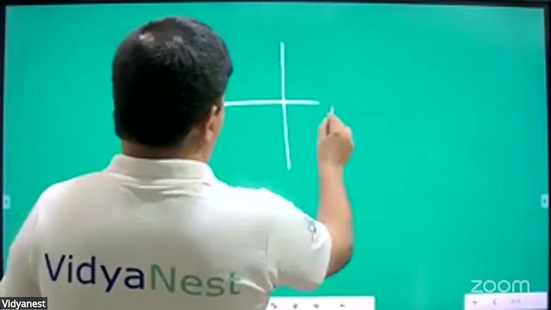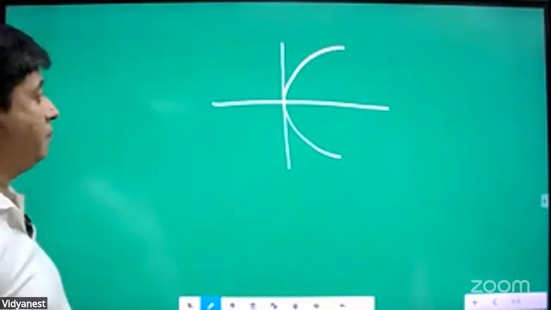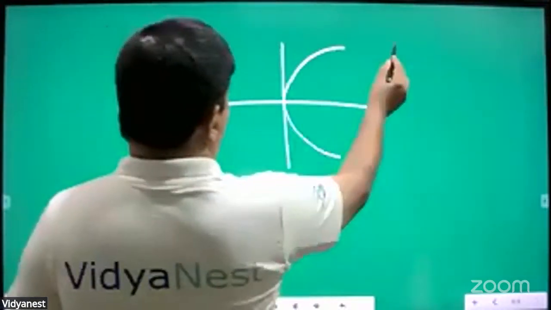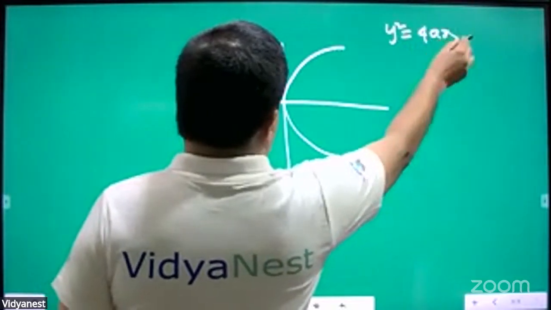There is a parabola, equation y square is equal to 4ax.